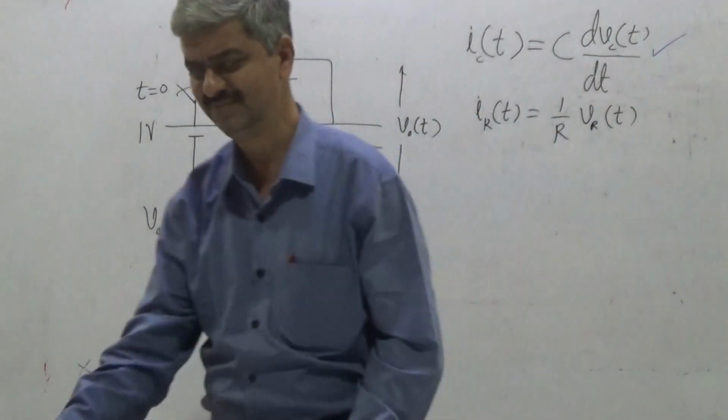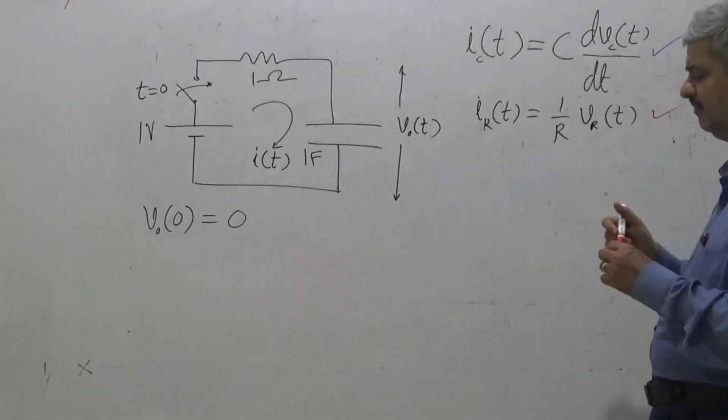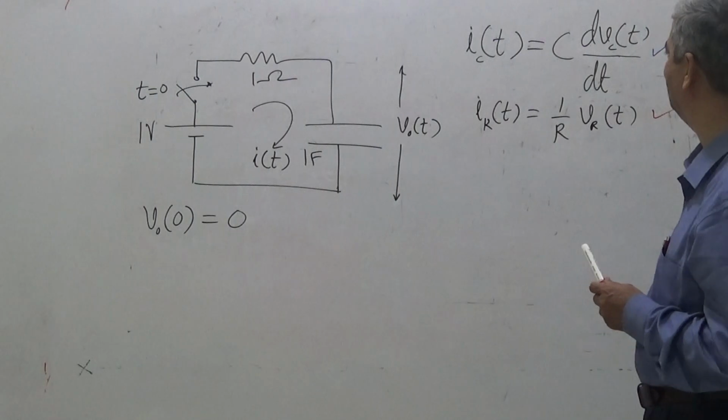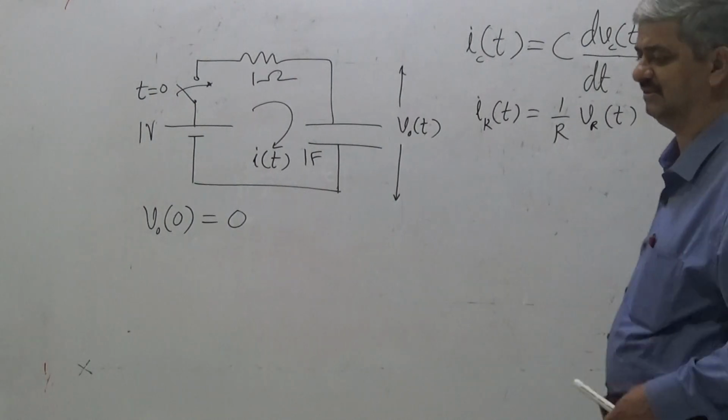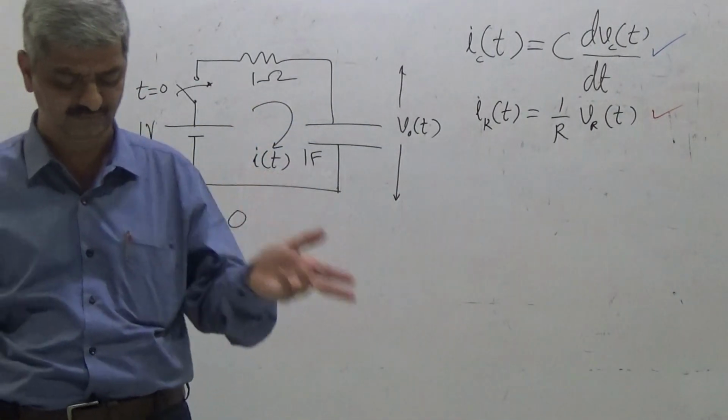This is Ohm's law. Just like this Ohm's law is the fundamental law for working of a resistor, this can be said to be the fundamental law for working of a capacitor. So using these two, using Kirchhoff's laws, we must be able to derive something very clearly.